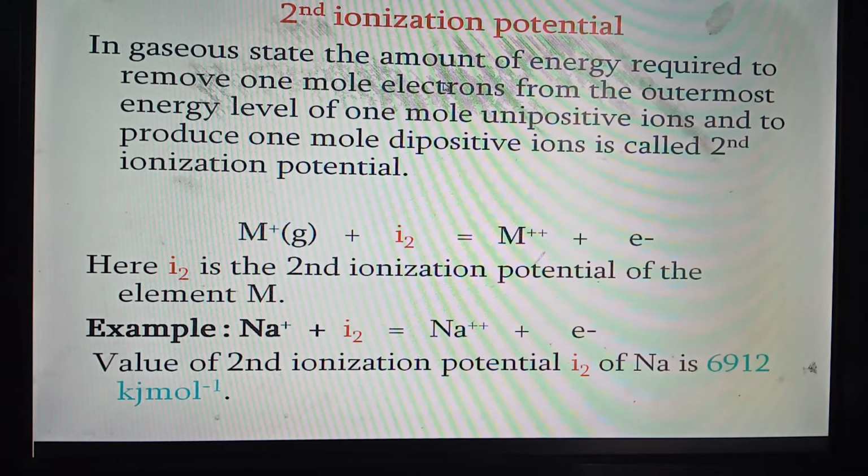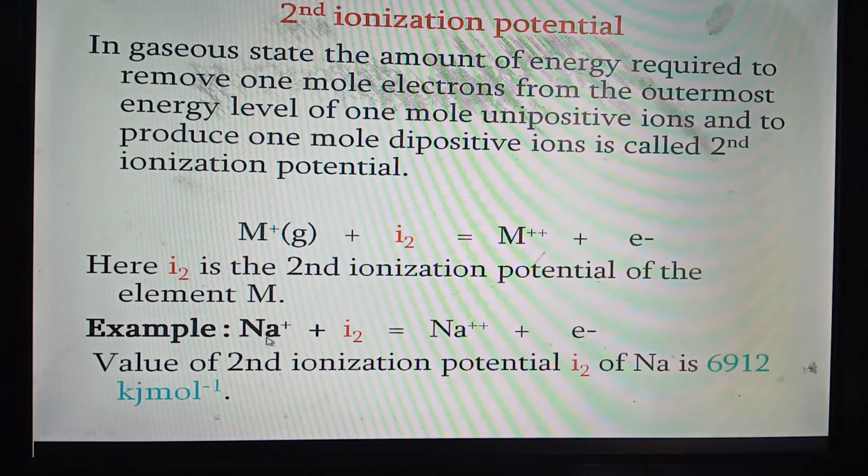In gaseous state, the amount of energy required to remove 1 mole electrons from the outermost energy level of 1 mole unipositive ions and to produce 1 mole dipositive ions is called second ionization potential. Let us think about the equation. M plus means an unipositive ion. You have to apply some energy for removing another electron, that will give you dipositive ion. For this purpose, the energy needed is called second ionization potential.